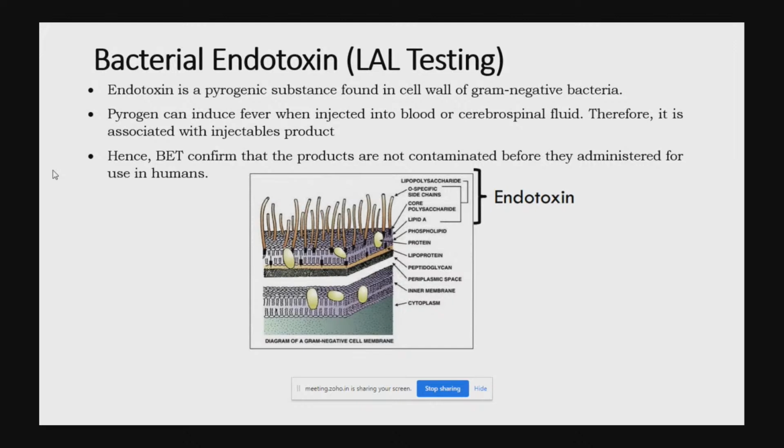So what is the effect of the endotoxin? Why are we performing the endotoxin test in parenteral preparations? As I said, parenteral drugs are directly given to the patient and come in direct contact with human blood.